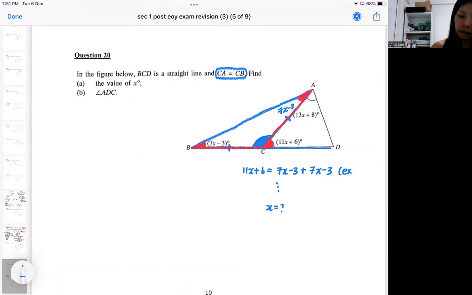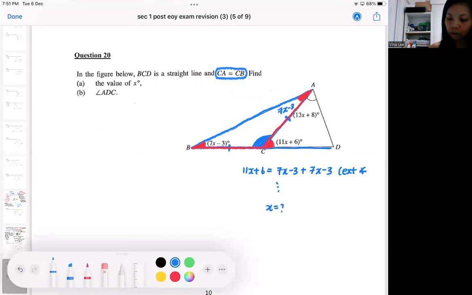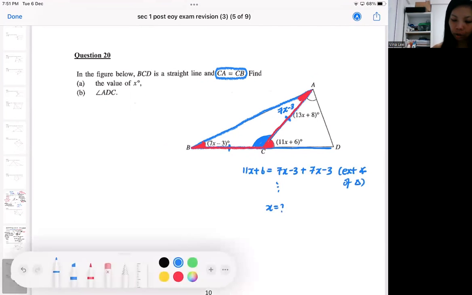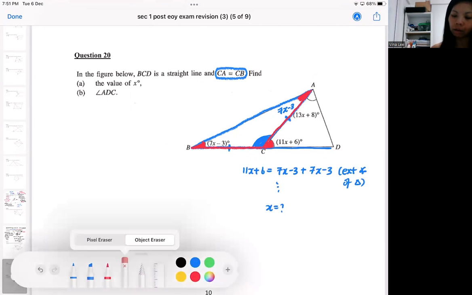I think the answer sheet is using the exterior angle of triangle. So I will show the other method. I will show the angle sum of triangle and then angles on the straight line.